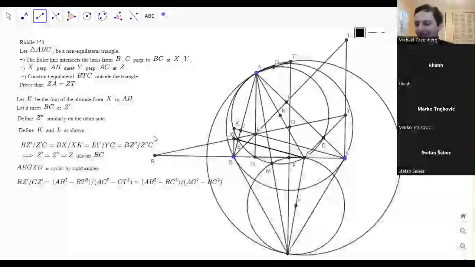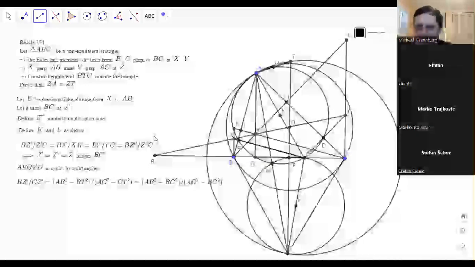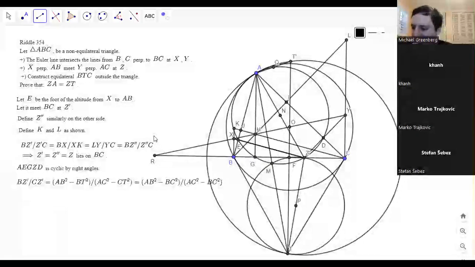I think there will be a lot of calculation, but I'm not sure how much.